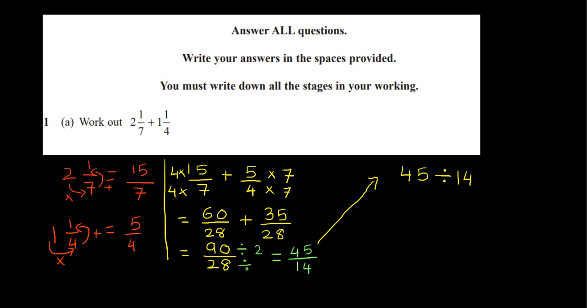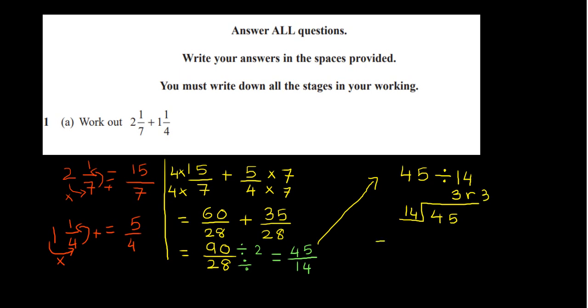Let me do the bus stop. So I put 45 on the inside and 14 on the outside. 14 times 3 is 42. So 14 goes into 45 3 times, with a remainder of 3.